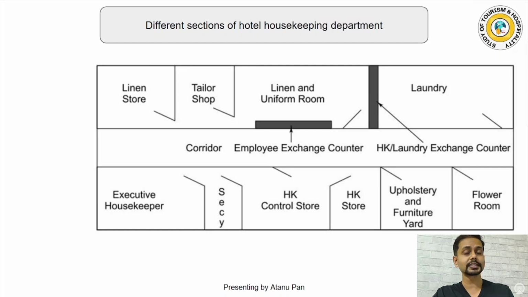We have discussed about the desk control room. This is called the nerve center of this housekeeping department, because all the communication inside the department, even with other departments, is going through this control desk. This is a very important place for the housekeeping department.